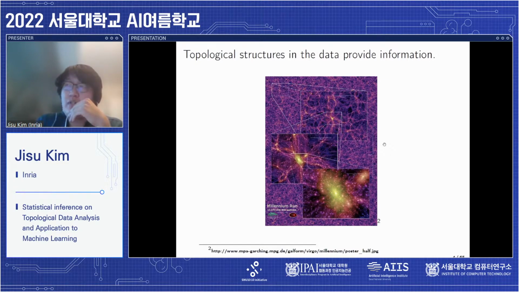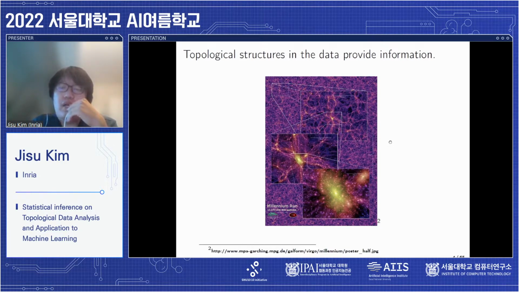But the problem is that topology is very qualitative information, which means that topology describes how local things are connected, but it doesn't give you numbers to describe, for example, how things are better connected or how things are more sparsely connected, and so on. So topology is itself a very qualitative information.